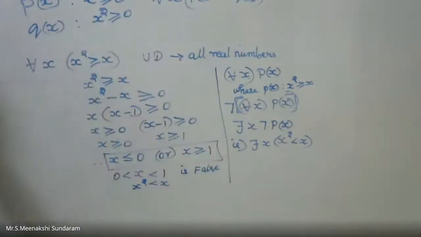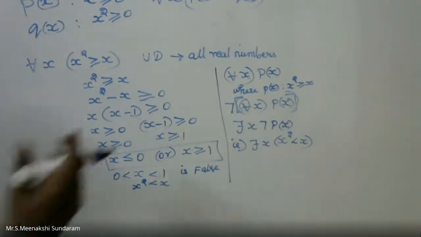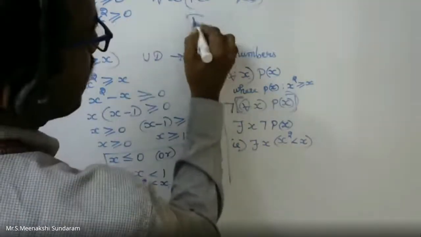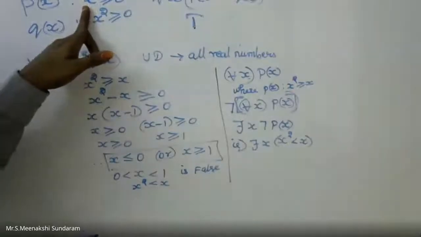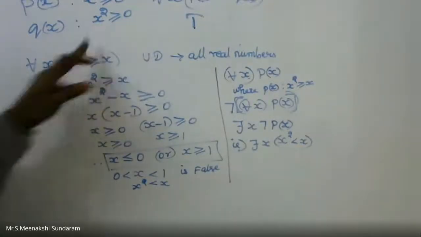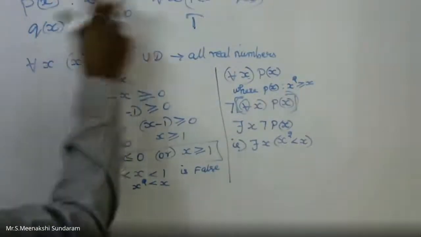So for all x, p of x implies q of x is possible. The universe of discourse consists of all real numbers, so it is a true statement. The truth value is true. The input cannot be false. If the input is true, the output cannot be false.